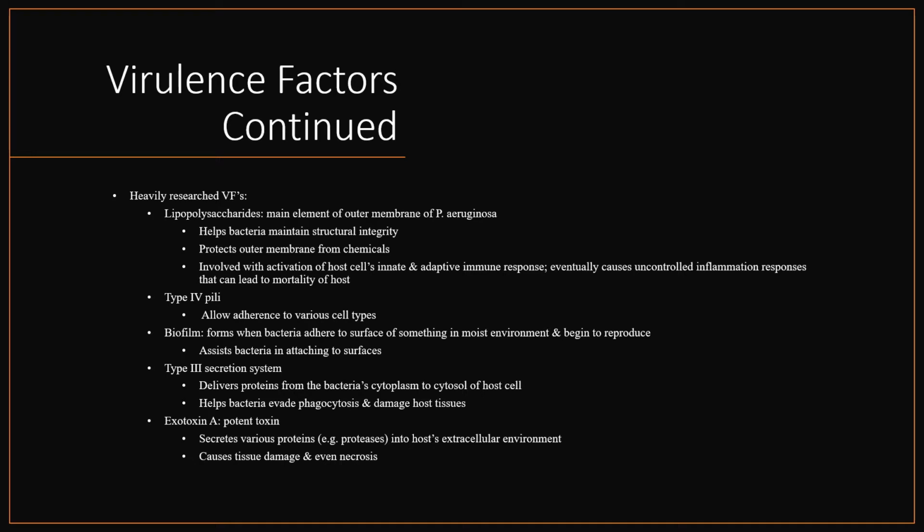And then lastly, there's something called exotoxin A, which is a very potent toxin, and it secretes certain proteins into the host's extracellular environment. This one also causes tissue damage and even tissue death.